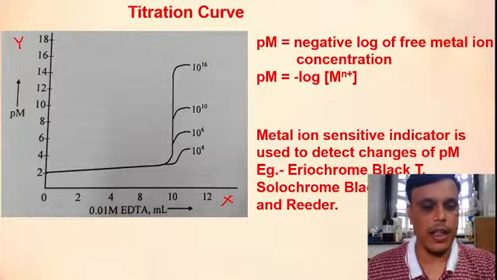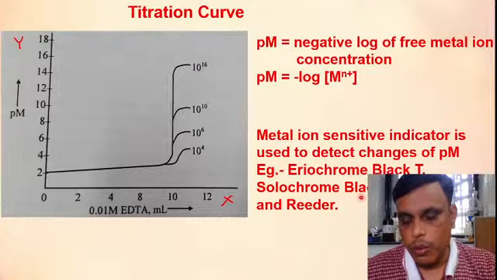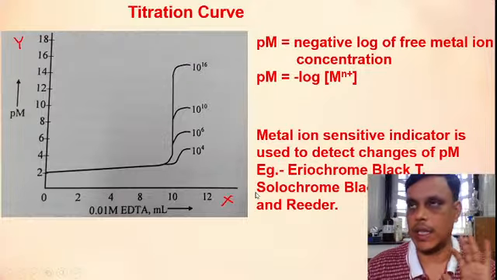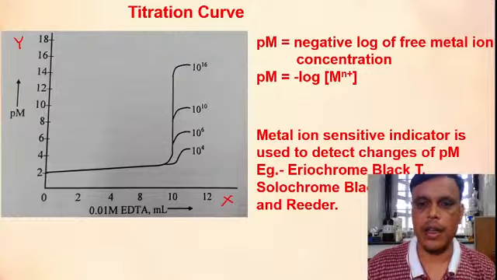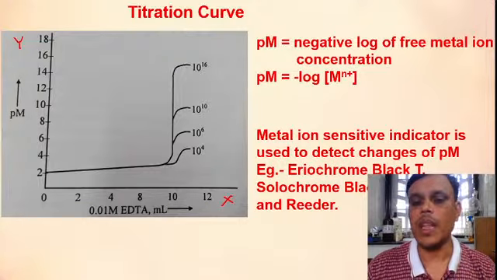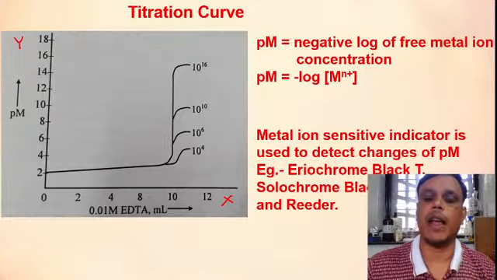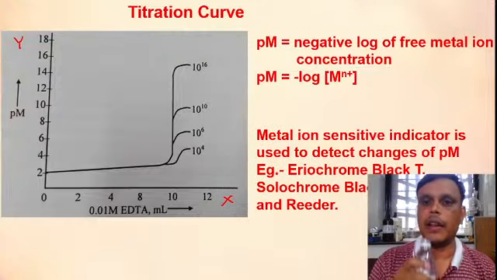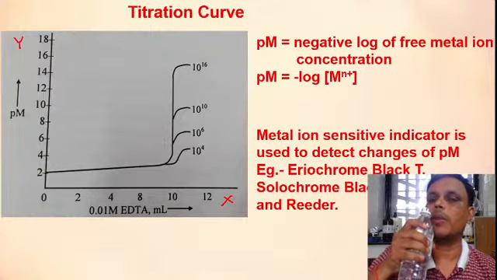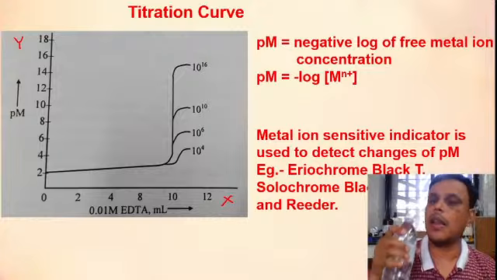Then the second indicator is Solochrome Black T indicator, also called SBT, and then Patton and Reeder indicator. So these indicators are different from the neutralization reaction. Please remember this.